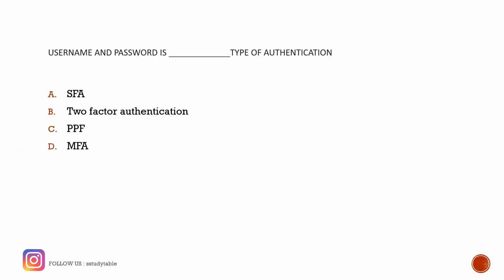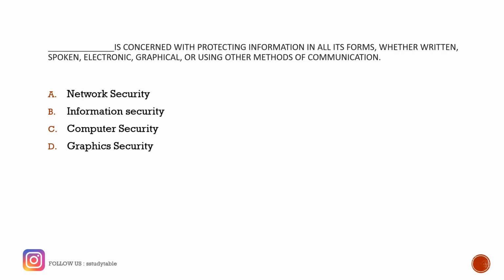Next question. Username and password is dash type of authentication. The answer is SFA, which stands for single factor authentication. Next question. Dash is concerned with protecting information in all its forms, whether written, spoken, electronic, graphical, or using other methods of communication.